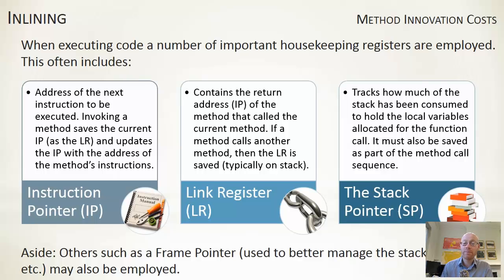Stack pointer is another item here that needs to get managed. When we're calling a method, we're going to use the stack for holding a lot of these different parameters. Stack pointer is a pointer that tells us what the next free bit of the stack is. So every time I call a method, effectively I am allocating a chunk of the stack, and I move my stack pointer forward.